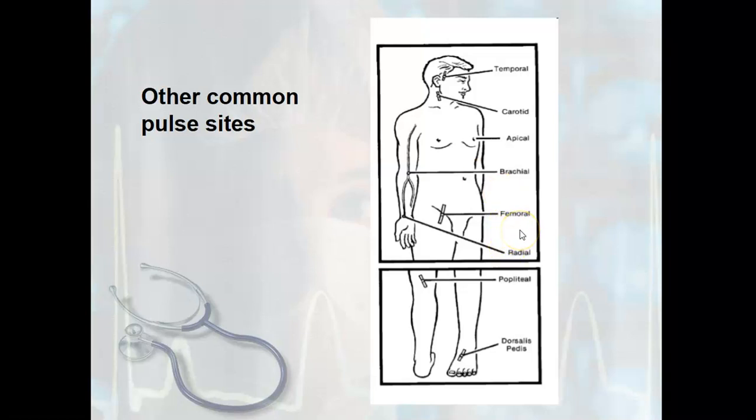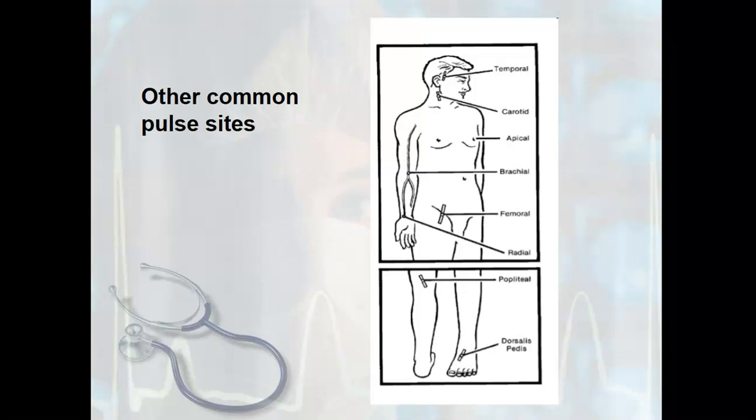The femoral pulse, other than using it for doing stents and things like that for heart procedures, angioplasty, you may have to feel it if the patient has had some type of surgical procedure in the leg, but it is a big pulse, okay?